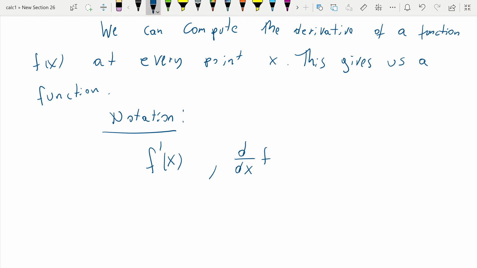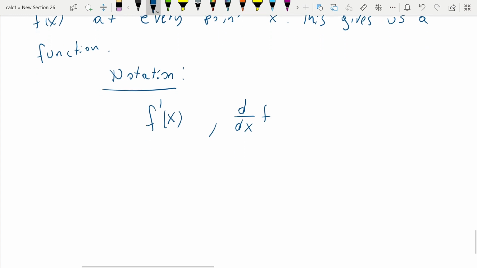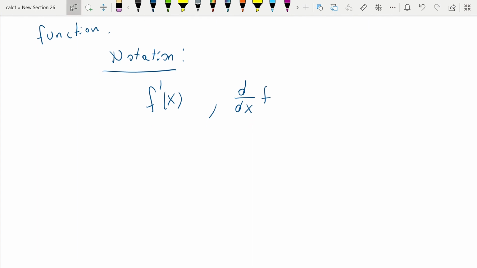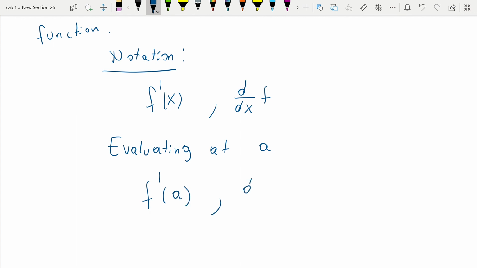And when I want to specify the point at which I'm evaluating the derivative, in the first case, f prime evaluated at point a, we simply denote it f prime of a, so that's in the argument, and d/dx of f at the point a.